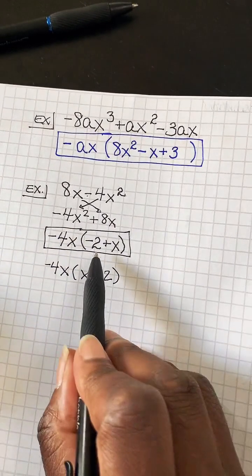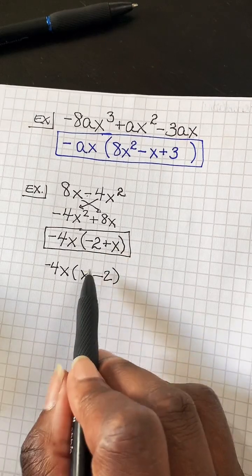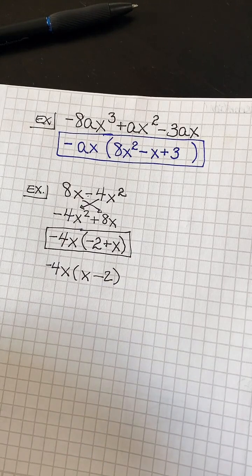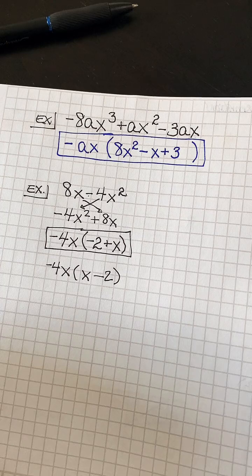As long as the 2 is negative and the x is positive, you should be good. But try to get as accurate as you possibly can.